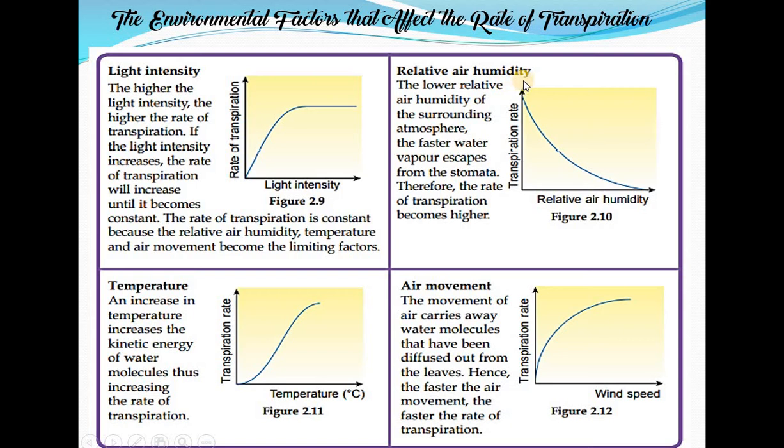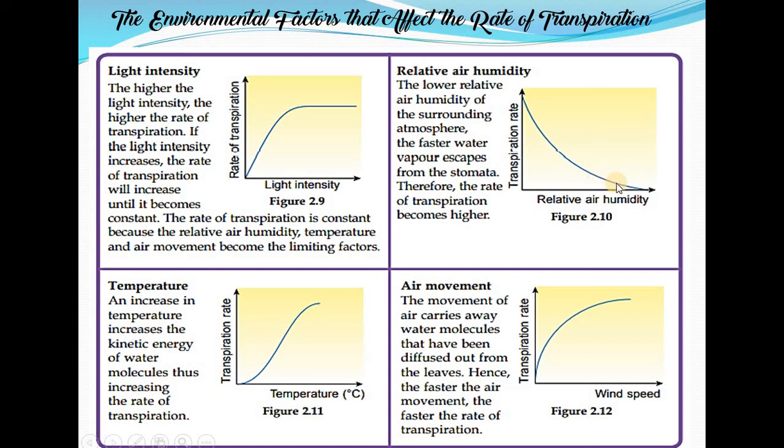If air humidity is lower, it refers to a low content of water vapor in the air. The higher the relative air humidity, what we can see here is the lower the rate of transpiration.